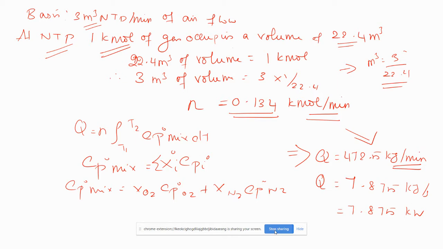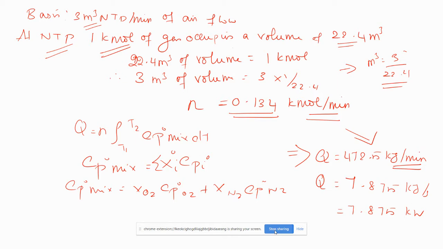So how will you convert to moles? Usually the number of moles is equal to weight by molecular weight. When there are more gases, we will call it number of moles is equal to weight by average molecular weight.